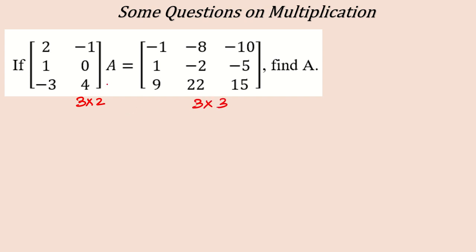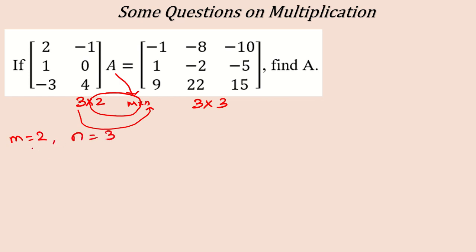Okay. So what you can see here, the order of A should be suppose m by n. You can multiply them when the number of columns in the first is equal to the number of rows in the second. So the number of rows in A should be 2, and what should be the column? Because the resulting matrix is 3 by 3 and here 3 by n, it means m is equal to 2 and n is equal to 3.